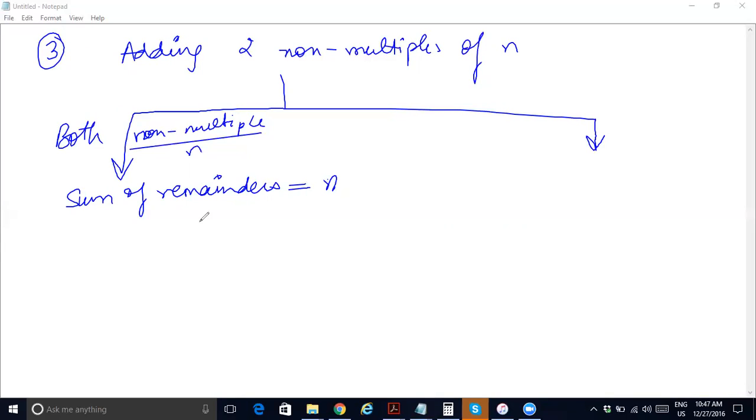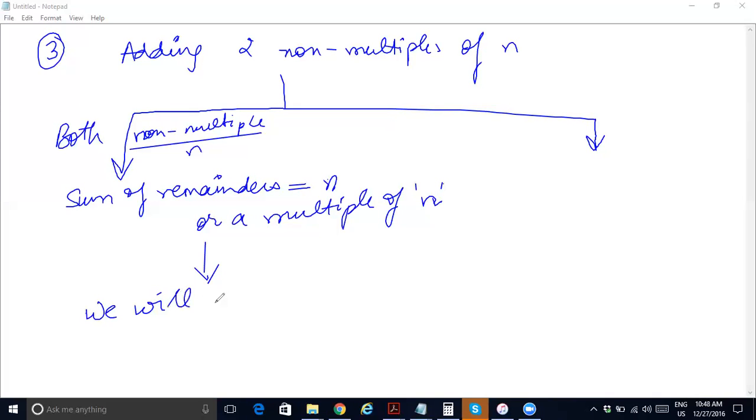Now, if we add those remainders and the sum is n or a multiple of n, we will get a multiple of n.